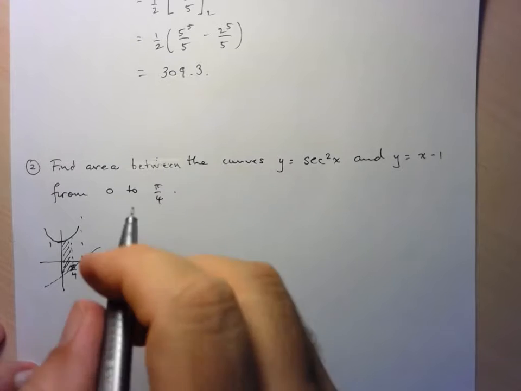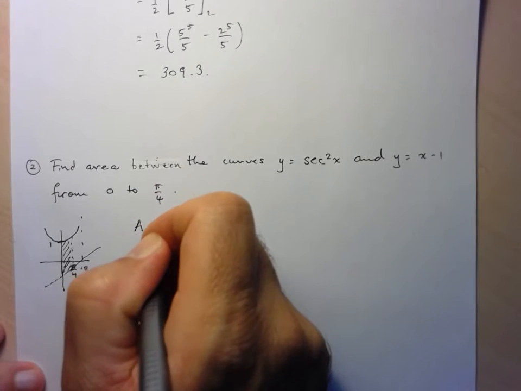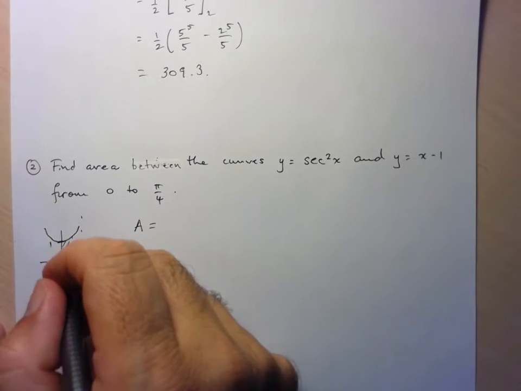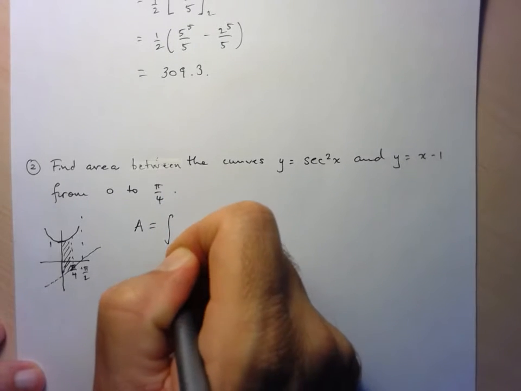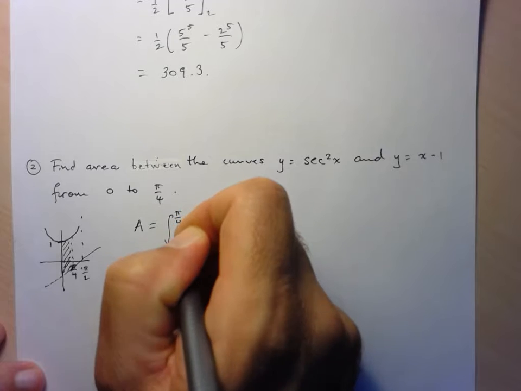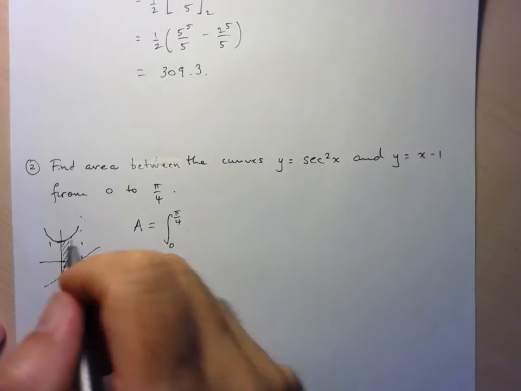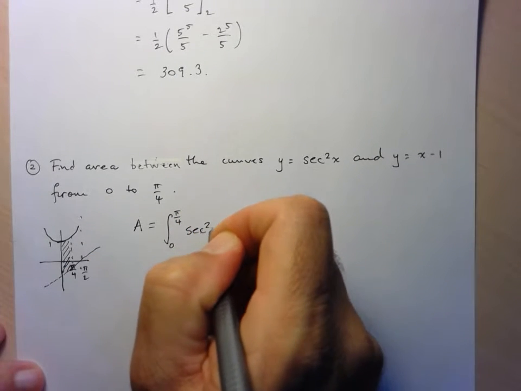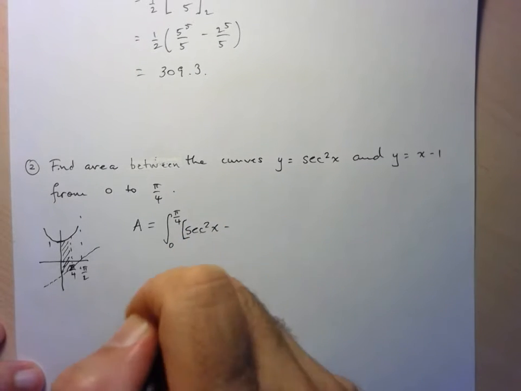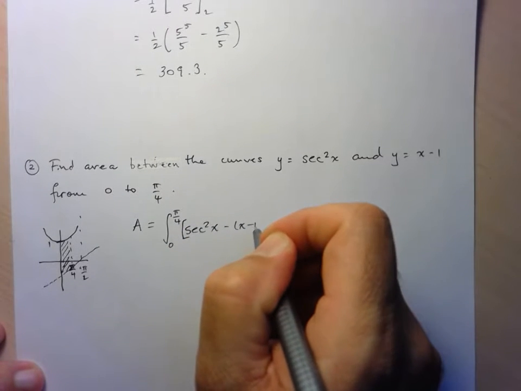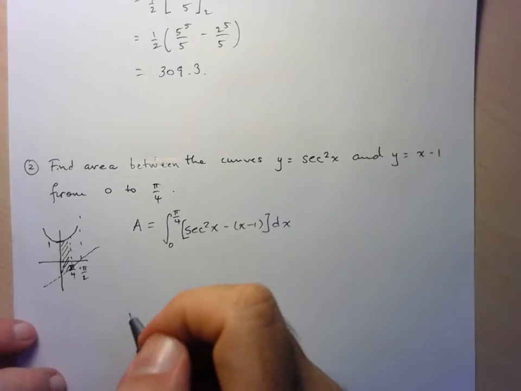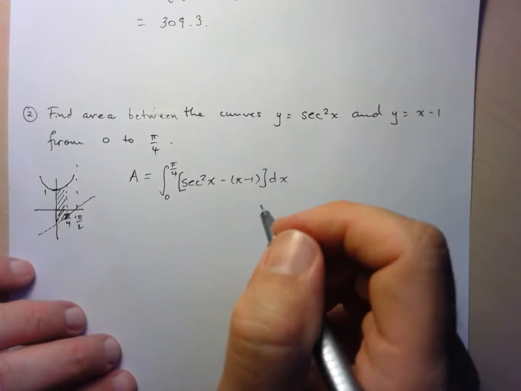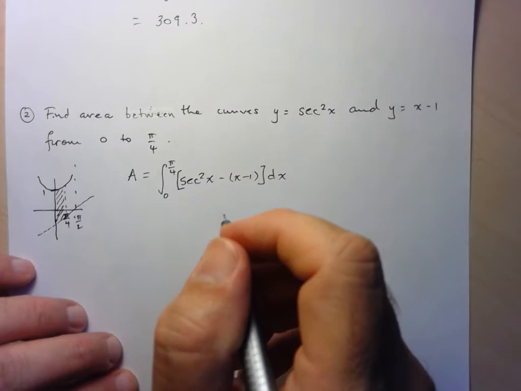Because there's no changes in which one is bigger or smaller, the area is just going to be given by the integral from 0 to pi over 4 of the bigger function, which is secant squared x, minus the smaller function, which is just x minus 1, dx.